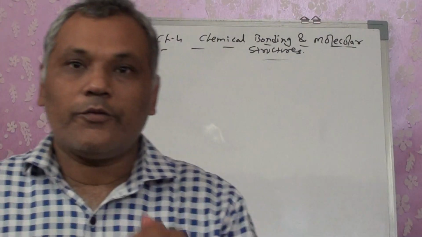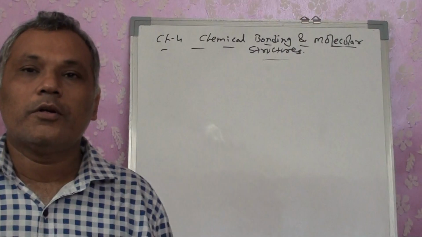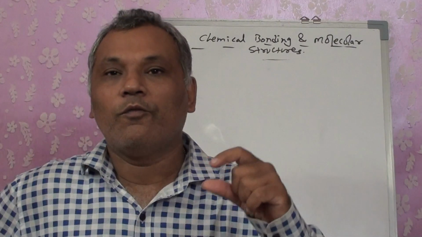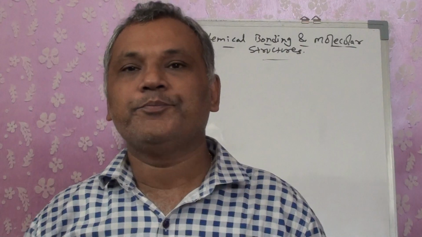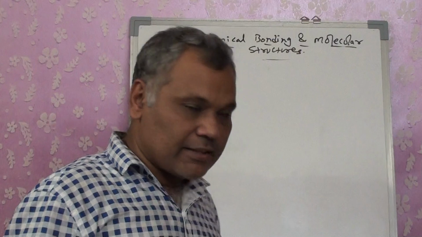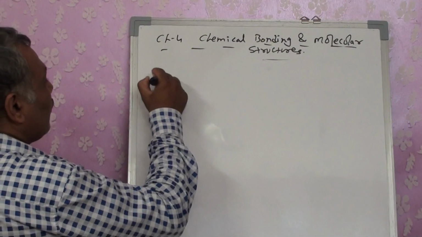For today's lecture, we will first study ionic bond because it's very small, but it's going to be very important, because once you understand ionic bond, you will be able to understand formal charges very easily. So to understand formal charges, it is necessary that we first go through ionic bond. So today, what is ionic bond?